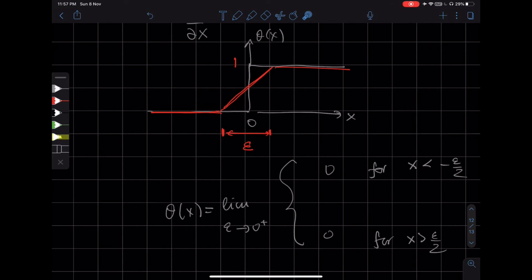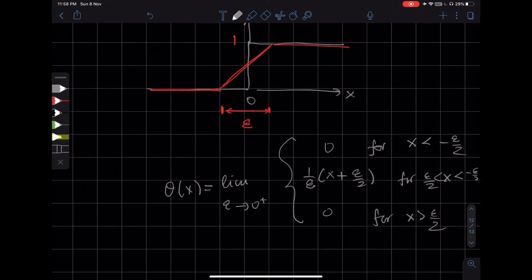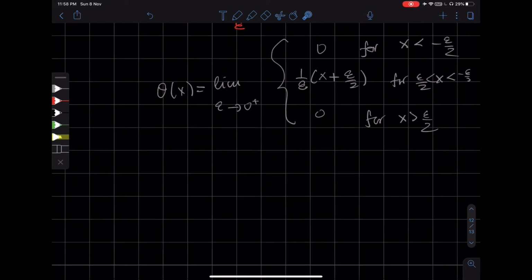That is over here. But in between minus epsilon by 2 and plus epsilon by 2, we want this function to be 1 over epsilon times x plus epsilon by 2. So for x between minus epsilon by 2 and plus epsilon by 2, you should be able to verify that this function gives exactly this curve.